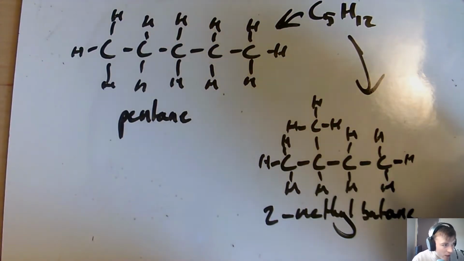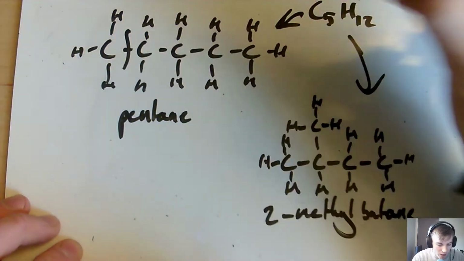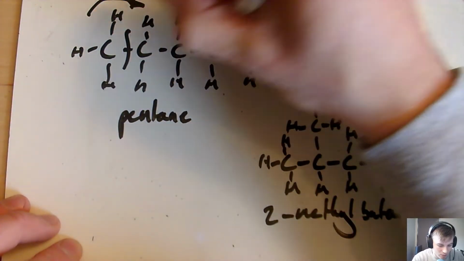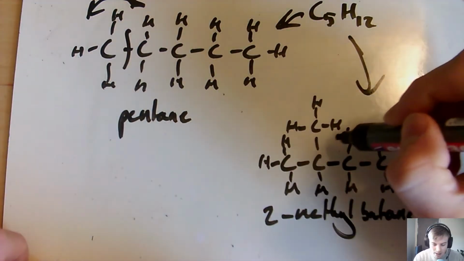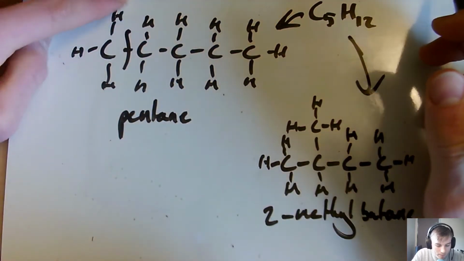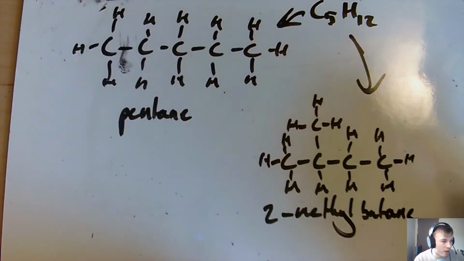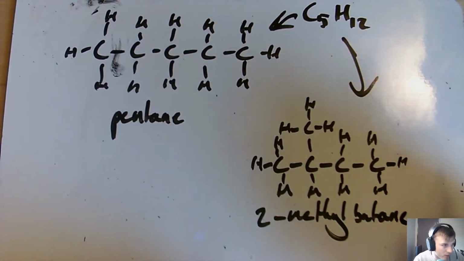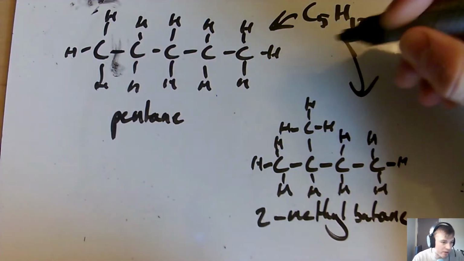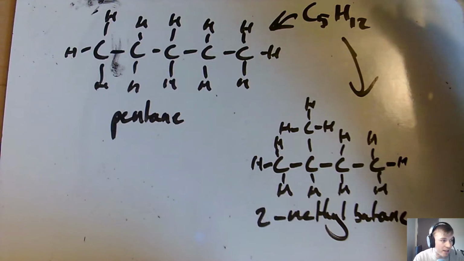All that's happened here is essentially you've broken off this carbon and swapped it with that hydrogen. But when we're talking about this, we need to remember, just count the hydrogens, count the carbons. If they have the same number of carbons and hydrogens, but they look different, it's likely that they're isomers.